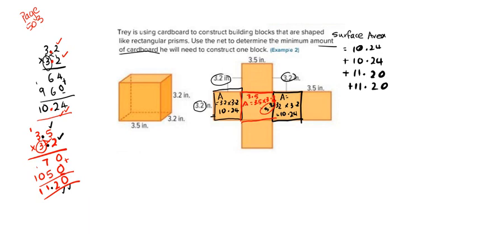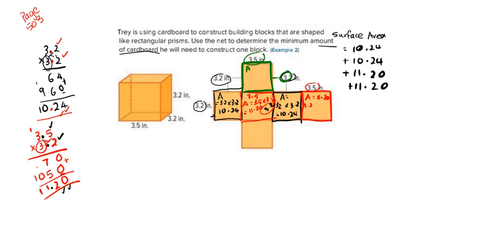because every rectangle has a matching rectangle in the rectangular prism. So this rectangle you can see is also 3.5 by 3.2. So this area will be 11.20, and this area will also be 11.20. Right, then for the last rectangle, you can look at the sides. The dimensions are 3.5, and this dimension here is 3.2.